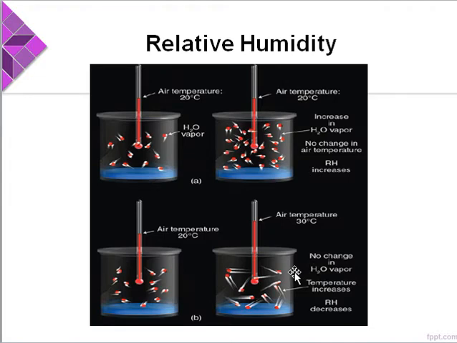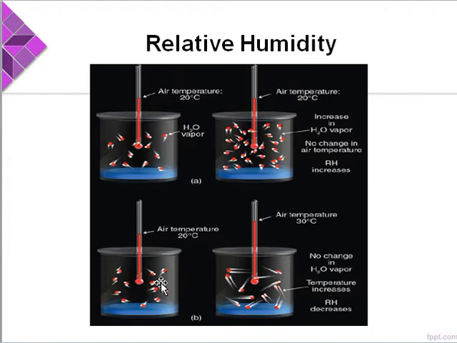The higher the temperature, the faster the molecule speed, right? So the faster the molecules move, the less likely saturation will occur, and the lower the relative humidity. As the air temperature lowers, going back to 20 degrees Celsius, the water vapor molecules move more slowly.